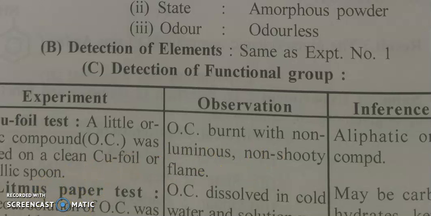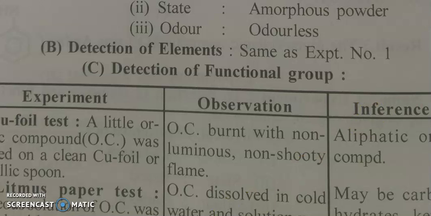Litmus paper test: the aqueous solution of the organic compound was tested with red or blue litmus paper. The organic compound dissolved in cold water and the solution was neutral to litmus paper. The inference may be carbohydrate, ketones, or aldehydes of low molecular weight.